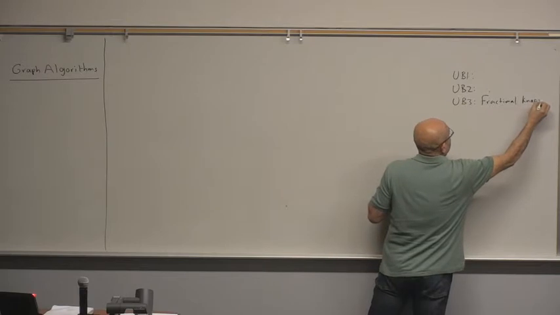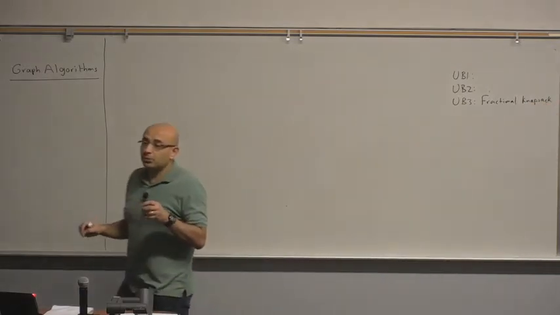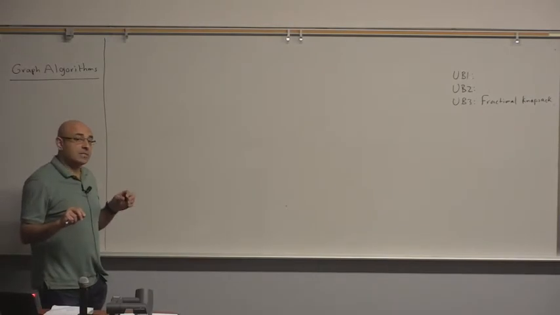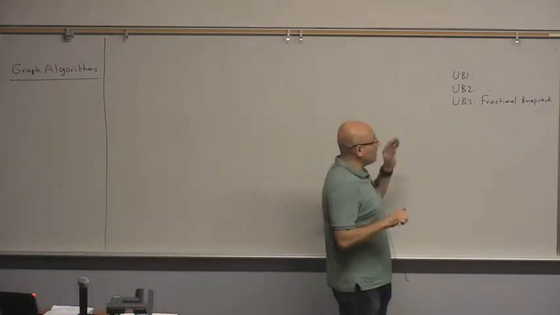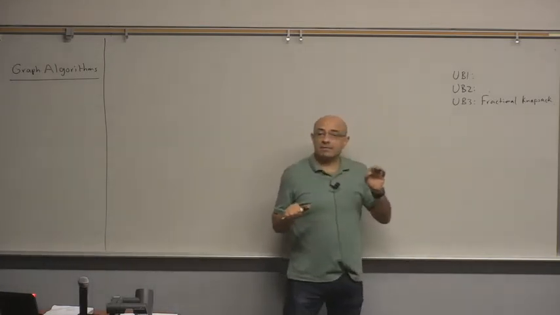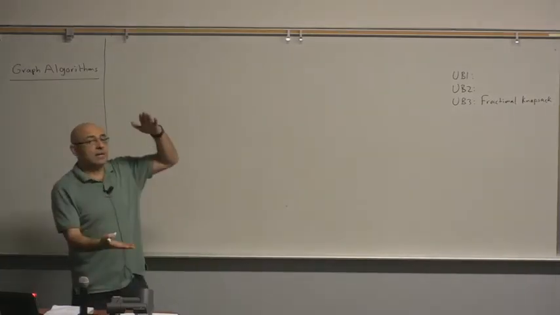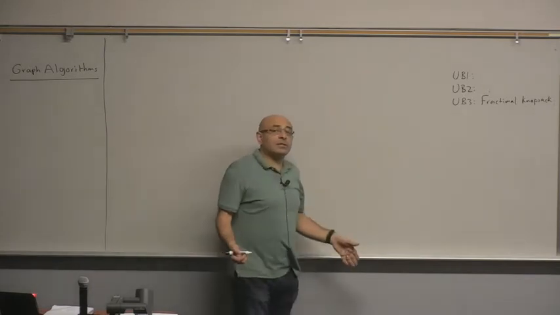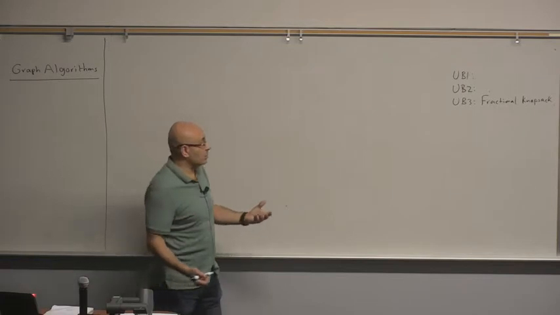Now last time we said that the fractional knapsack can be computed incrementally at each node. So instead of solving a fractional knapsack from scratch at each node, we start with one fractional knapsack solution at the root node, and then as we go down the tree, we just modify an existing solution.